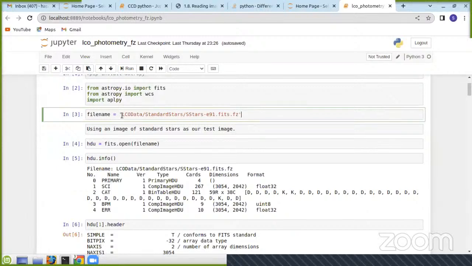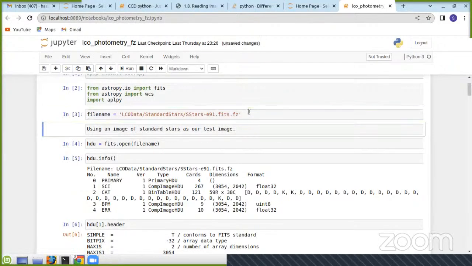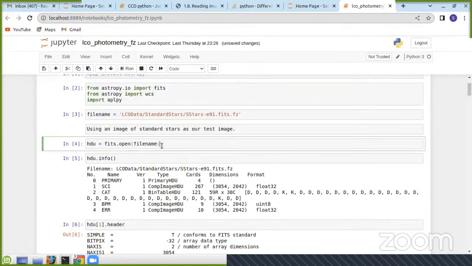So here we are reading this particular FITS file, fits.fz, right? You need to write the whole thing and give the path to the location where this file is located, and we are storing it into a variable called filename. Then it reads the data, and then we will read the header information.